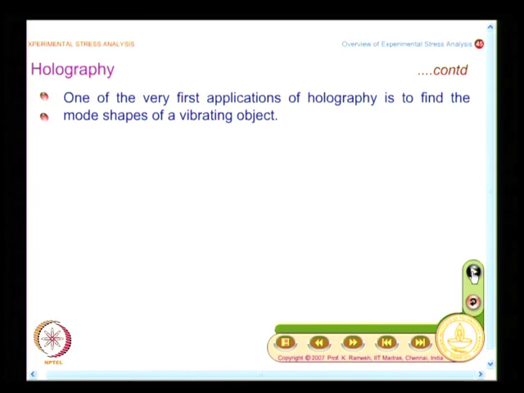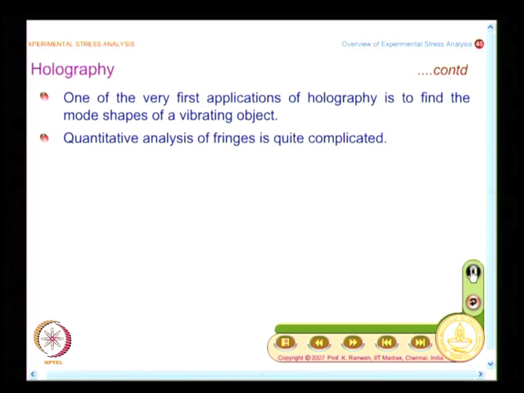But interpretation is quite complicated. Why is it complicated? Quantitative analysis of fringes is quite complicated, because we record a lot more information than what we can handle, because you are looking at from planar surfaces to arbitrary curved geometry, and then you want to find out.